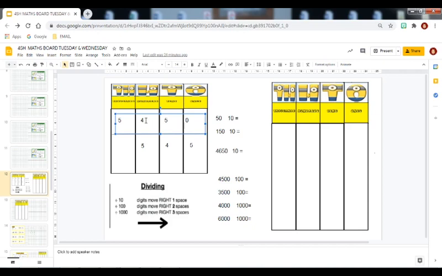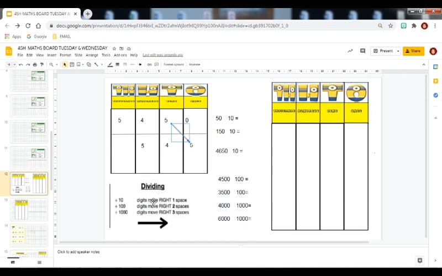You will see that my 400 has now become 4 tens. And you will see that my 5,000 has now become 500. I'm just going to get an arrow so that you can see where that's happened. As you can see, that's clearly moved one place.